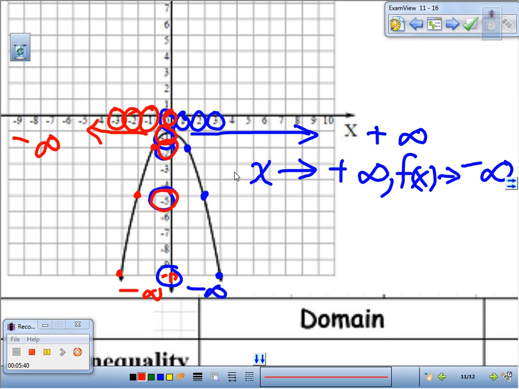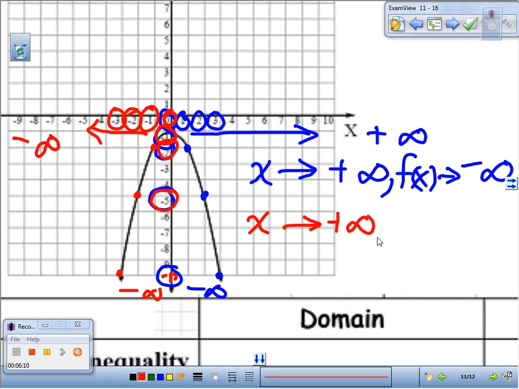Find me the end behavior for that type. Jake, what do I write? As x what? No, Jake. Jordan, help him out. As x what? Approaches positive infinity.